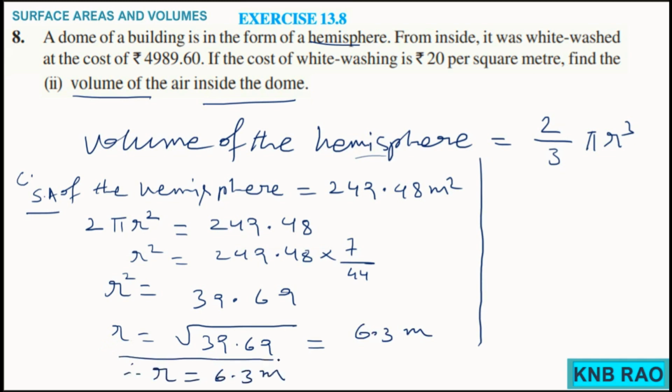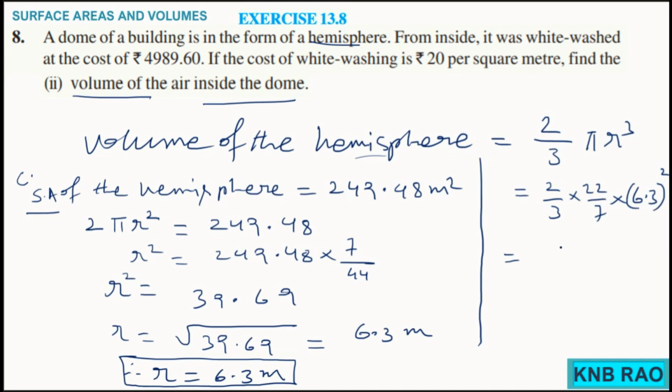Once you get that, you have to substitute here to find the volume. 2 by 3 into 22 by 7 into 6.3 whole square. You know how to simplify that?